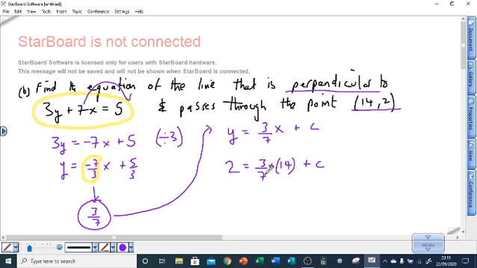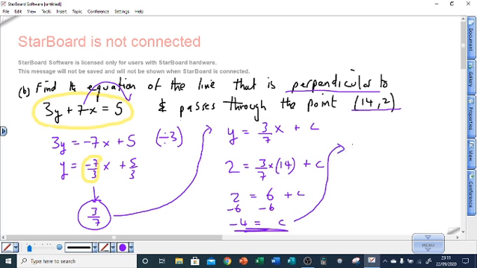So how do you find 3/7 of 14? Well, you divide by the bottom number, so 7s into 14 is 2. 2 times 3 is 6. All of that gives you 6. So 2 equals 6 plus c. And to get c on its own, I've got to get rid of this. So take 6 on both sides. I end up with -4 is c. I've got the value of c.